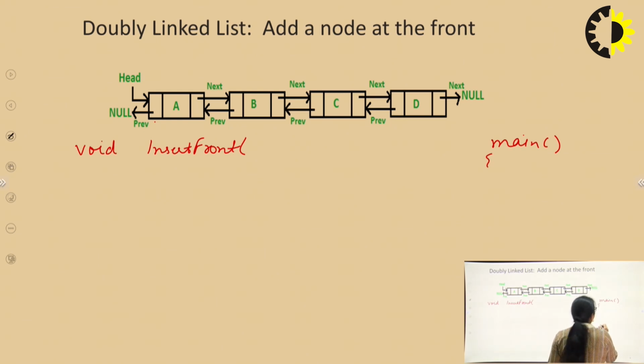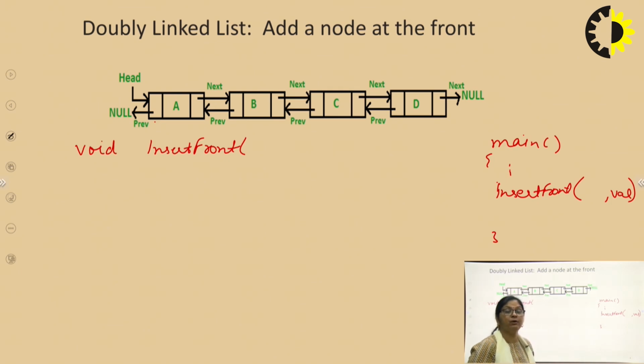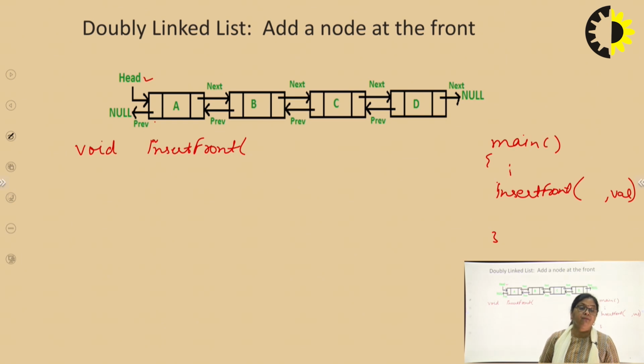At some position in main, I will call the insert front function. What will I send to it? The value which is to be added at front. What else will I send as an argument? My linked list. Let me call it head. Now when I add something to the front, head will get changed.